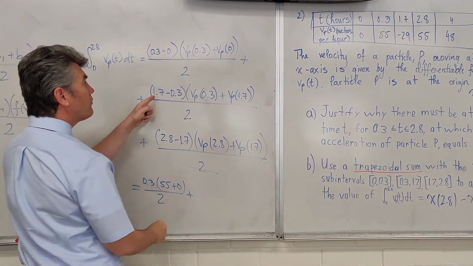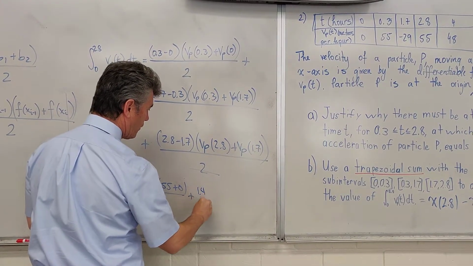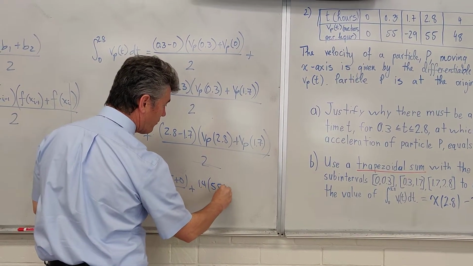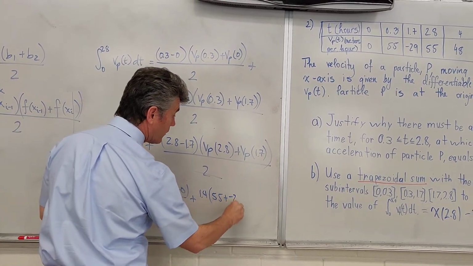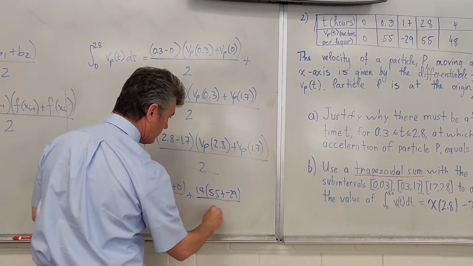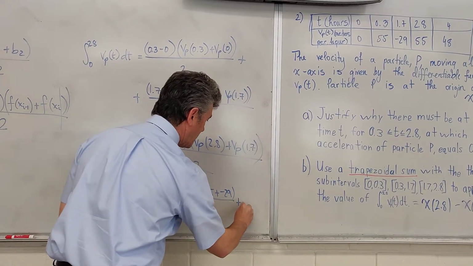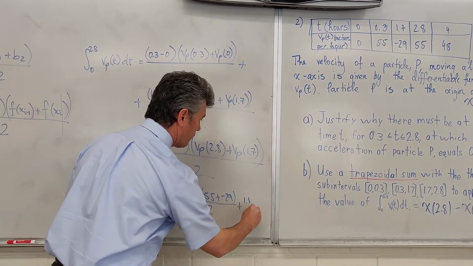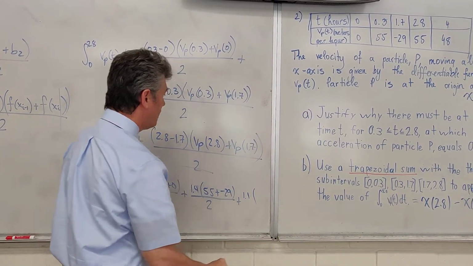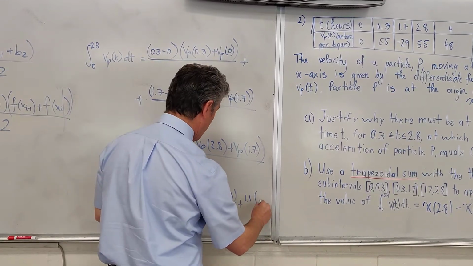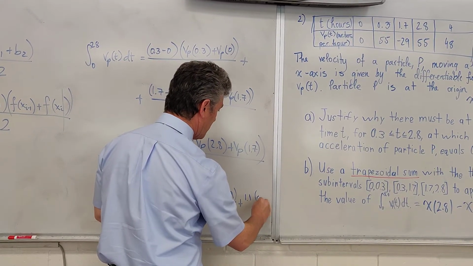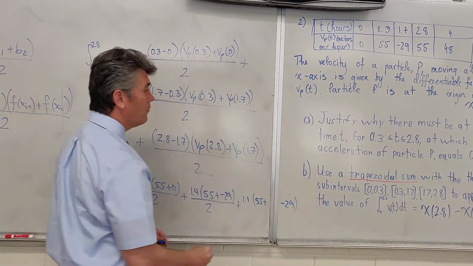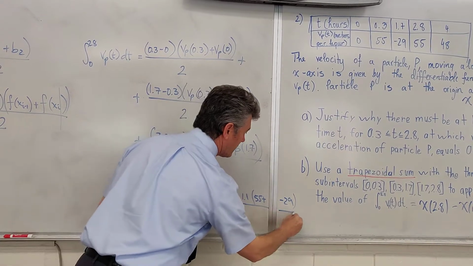Plus 1.7 minus 0.3 is 1.4 times 55 plus negative 29, divided by 2, and then plus 2.8 minus 1.7 is 1.1 times 55 plus negative 29. Once more, all of this divided by 2.